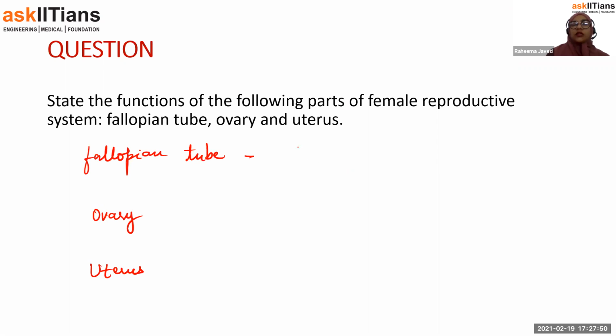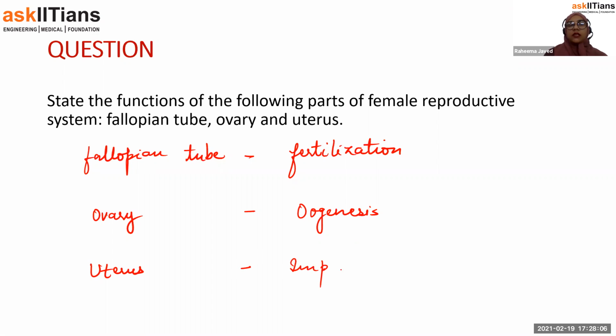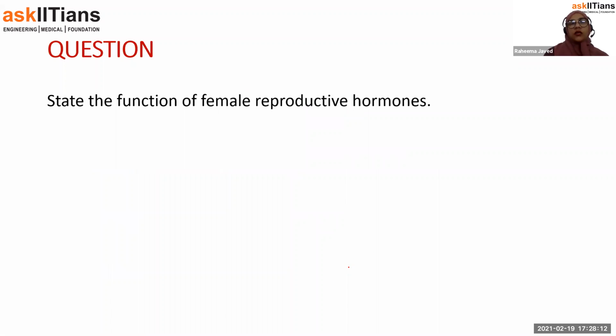Fallopian tube is involved in fertilization. Ovary, oogenesis. I think mentioning only one function is enough. And uterus, it helps in implantation.